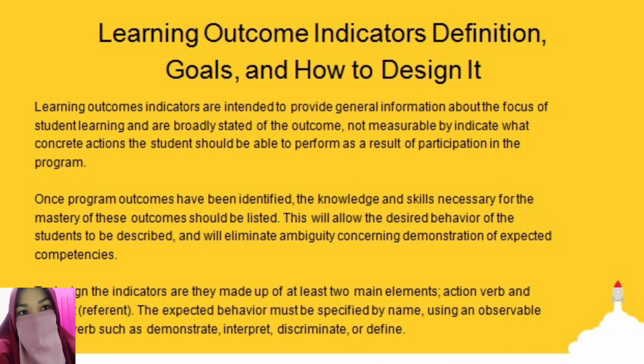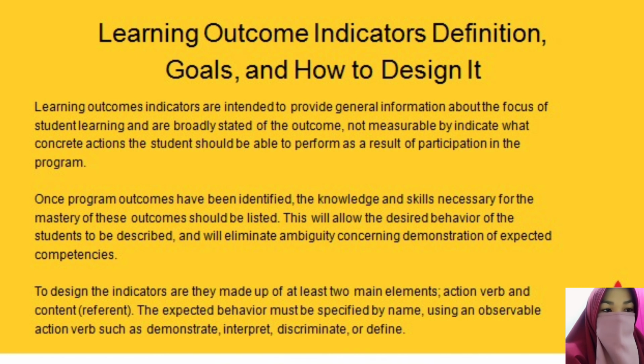To design the indicator, it is made up of two main elements: the action verb and the content, or we can say the reference. The expected behavior must be specific by name, using an observable action verb such as demonstrate, interpret, discriminate, or define.